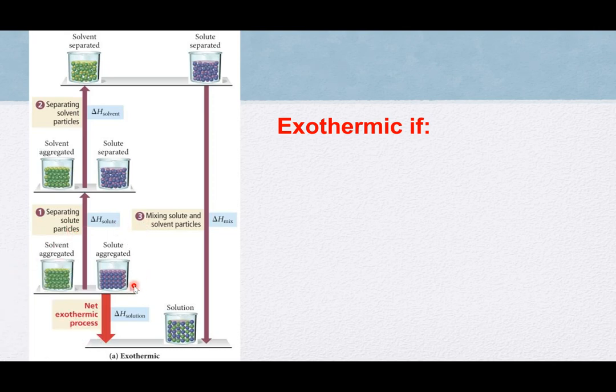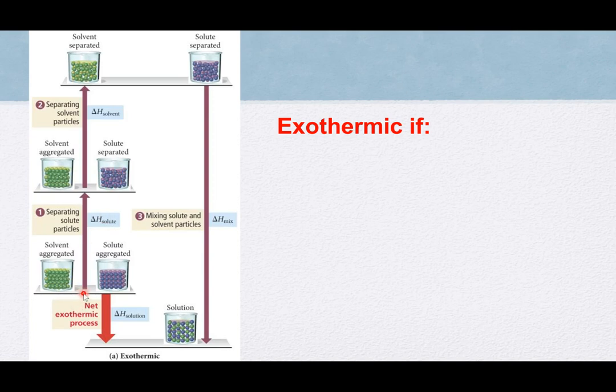The first thing we're going to do is start right here. This is our starting point. This is our starting line. We've got our solvent in one beaker and our solute in the other beaker. Step 1 is to separate the solute particles. Instead of having this crystalline structure, we break it apart to make some room for the solvent to get in there.